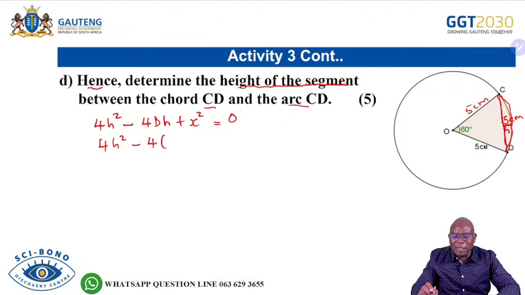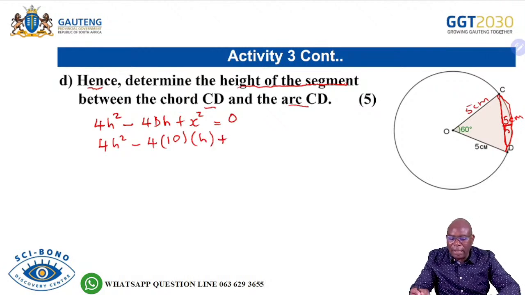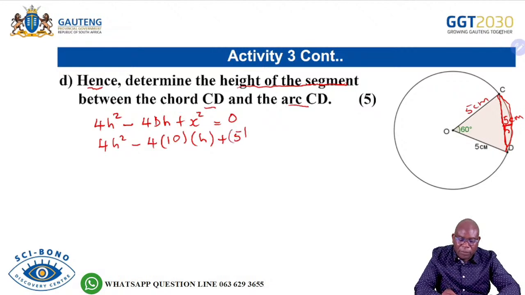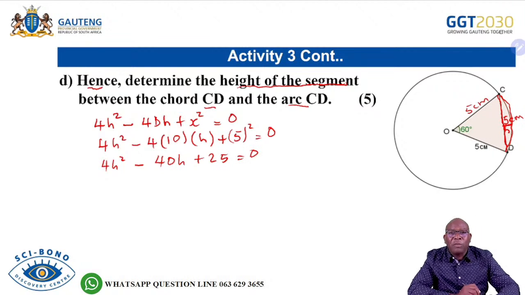I have 5 as my radius, meaning that the diameter will be 10. I don't have the height. I have got the length of the chord, which is CD, so I've got 5 squared. So I'm going to have 4h squared minus 40h plus 25 equals 0. Then I solve for h.